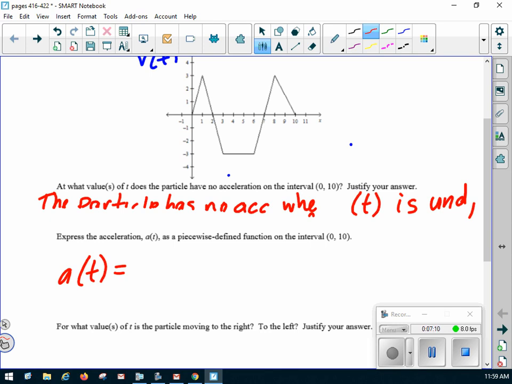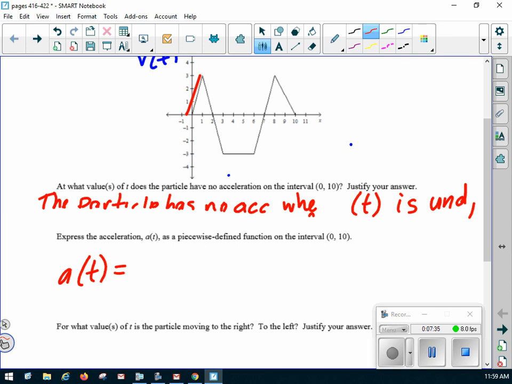What does the derivative mean? Slope of the tangent line, right? So the acceleration on that piece is constant, isn't it? It's 3. Why is it 3? Because the slope of that tangent line is 3 because that piece is linear.